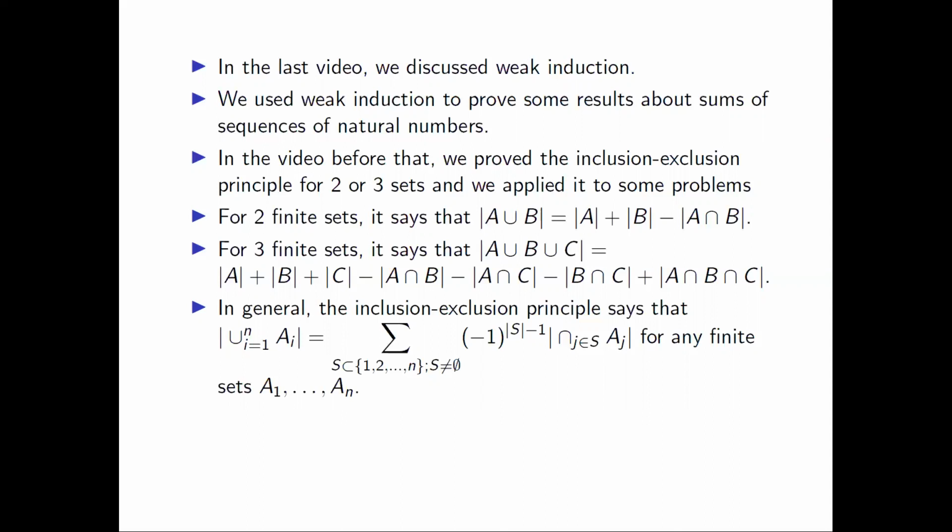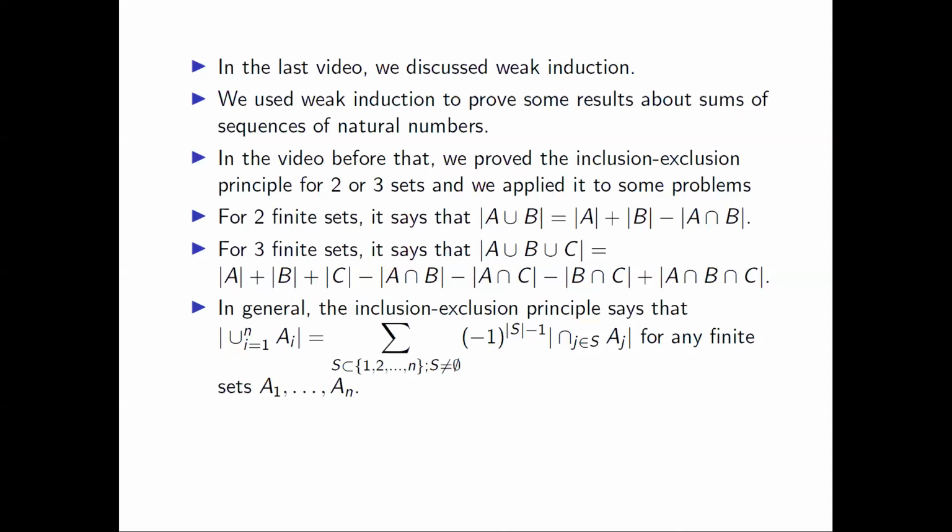Notice that this fits the pattern that we see for the 2-set and 3-set inclusion-exclusion principle. So we have a sum of cardinalities of intersections with increasingly more sets in them. And as we increase the number of sets in the intersections, the sign changes in the sum. So we have an alternating sum.